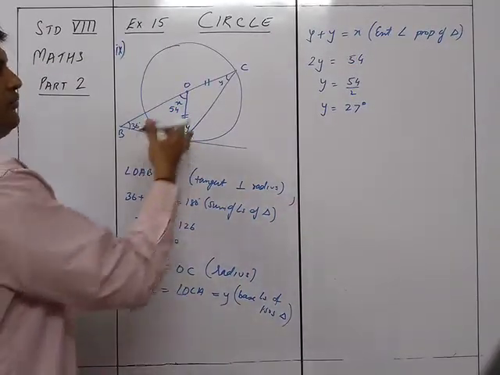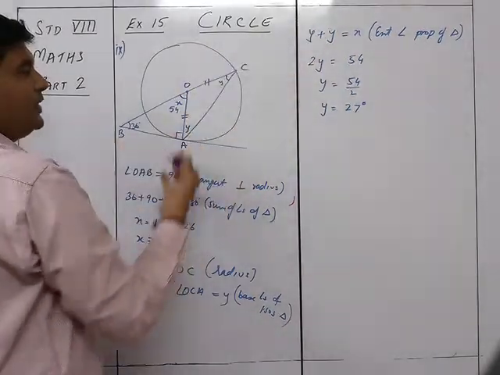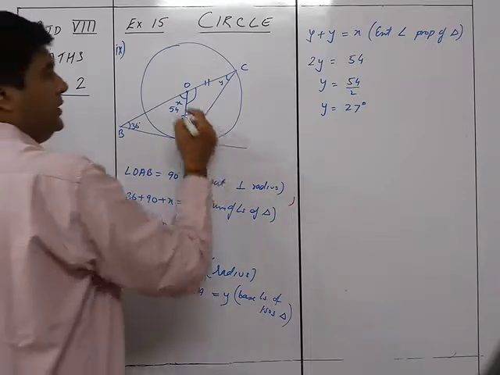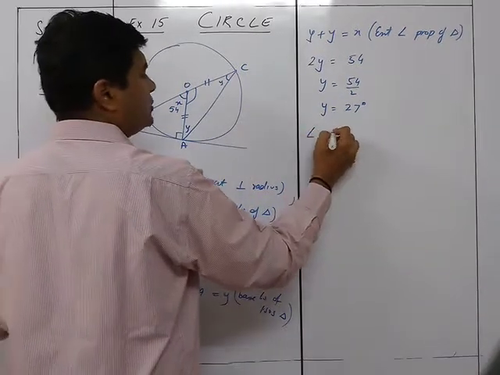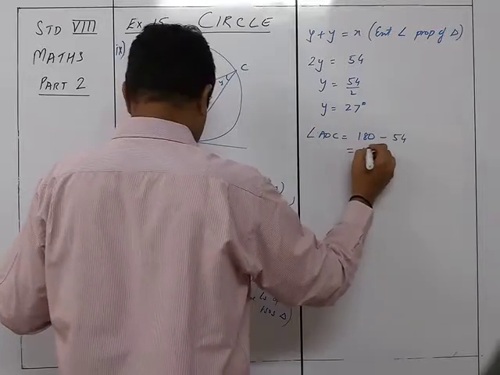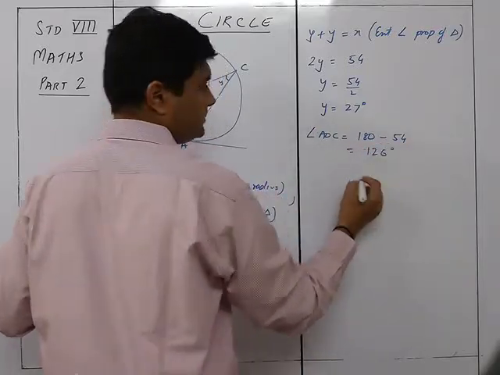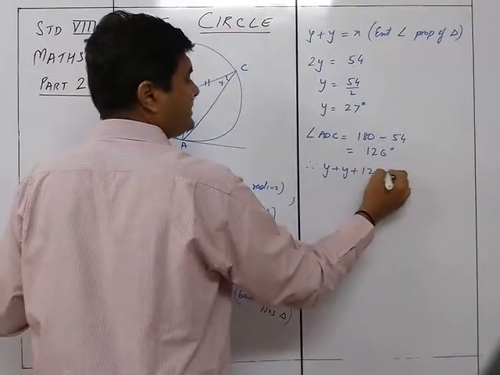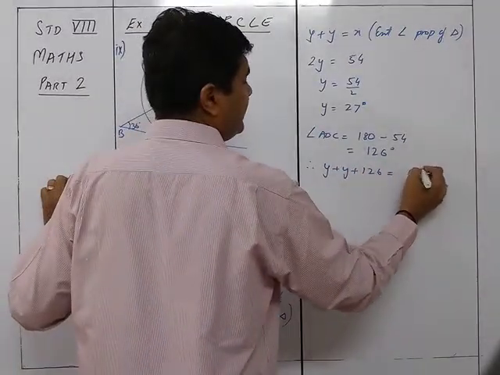If you are not able to understand this one, you can also take it this way. If this is 54, find out the linear pair over here. We know that angle AOC is equal to 180 minus 54. So that is going to be 126 degrees. Therefore, y plus 126 is equal to 180 degrees.